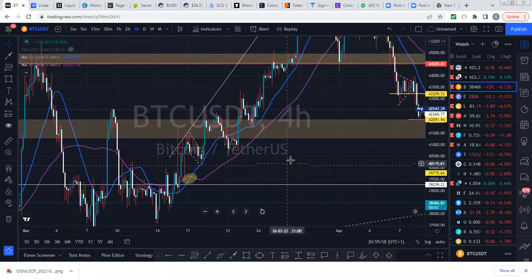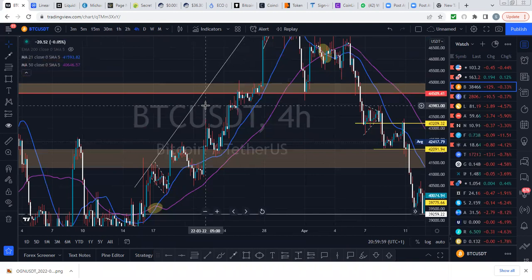Are you following? So when the shorter term moving average crosses above the longer term moving average, 21 crossing 50, it gives a buy signal.